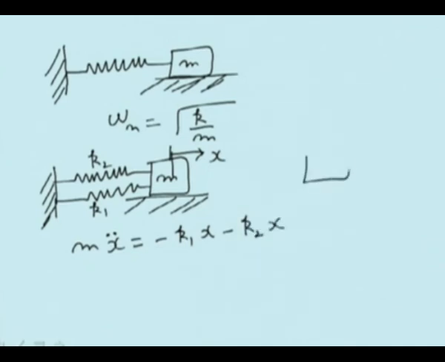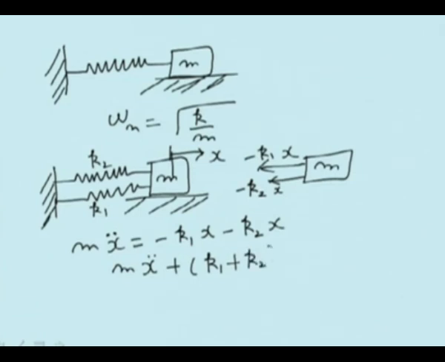If you make a free body diagram of this mass, you see minus k1 x and minus k2 x. These will be the forces. So you have m x double dot plus k1 plus k2 times x equal to 0. So it is the same type of equation.